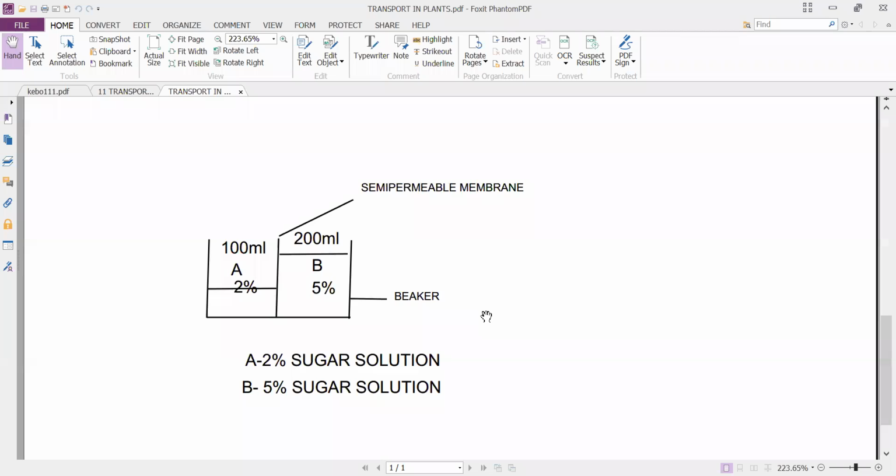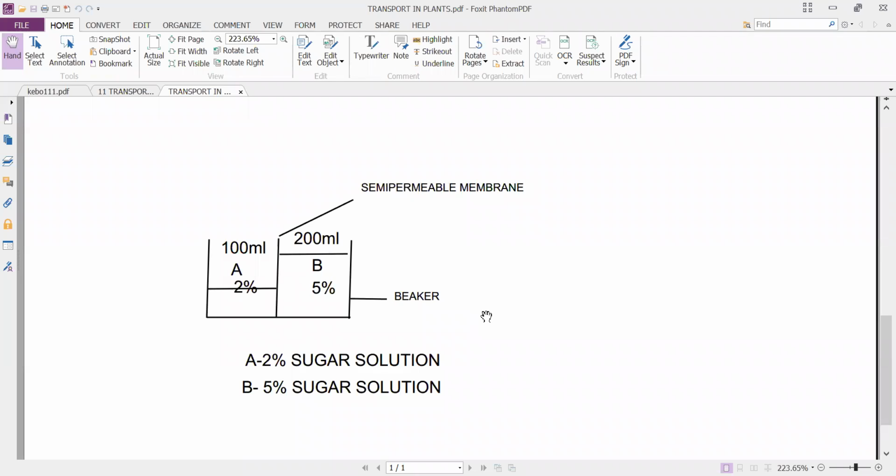Now they scoop, that means they make a small pit inside the potato, using some tool, and make a small pit in the potato.